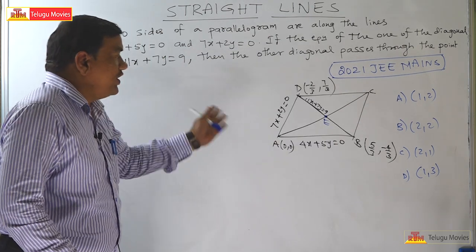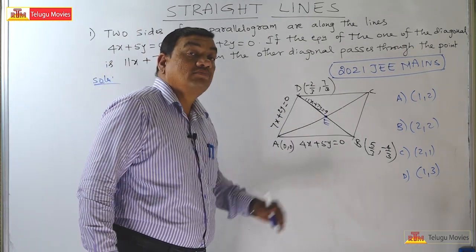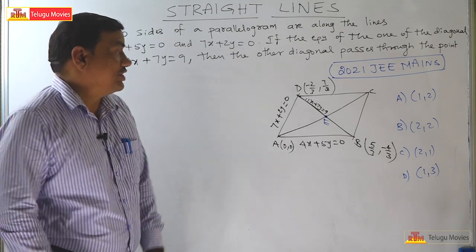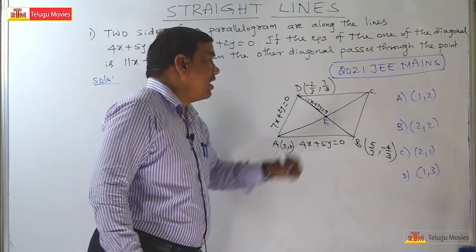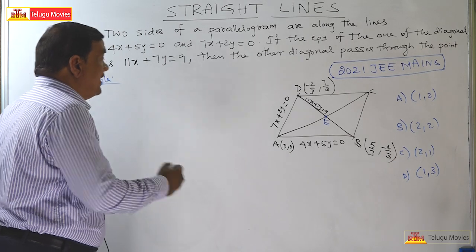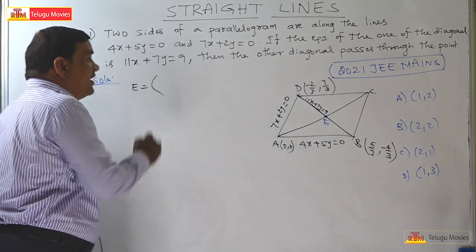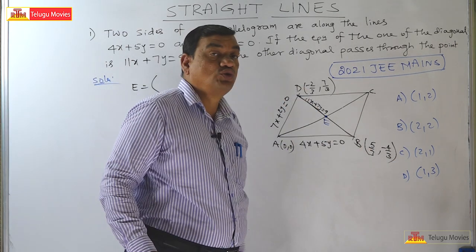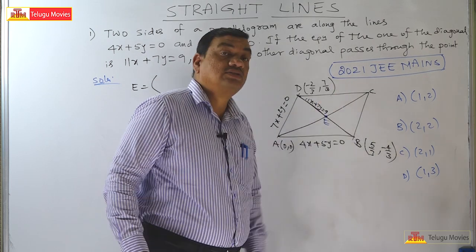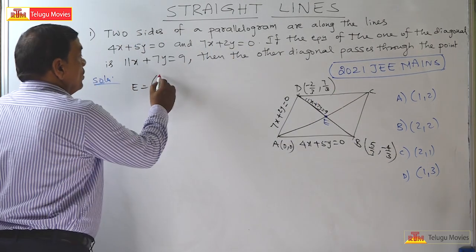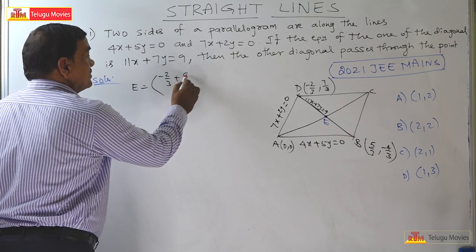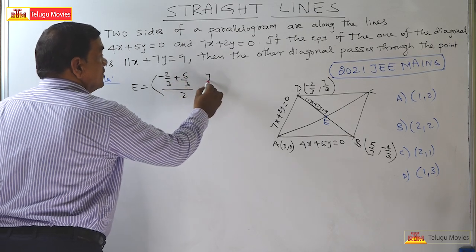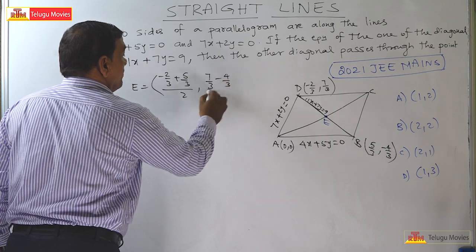Welcome back. We know that in a parallelogram the diagonals bisect each other. Therefore, E will be the midpoint of BD. What are the coordinates of E? That is x1 plus x2 by 2 comma y1 plus y2 by 2, which is minus 2 by 3 plus 5 by 3 by 2, comma 7 by 3 minus 4 by 3 by 2.